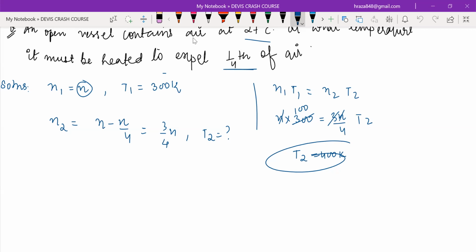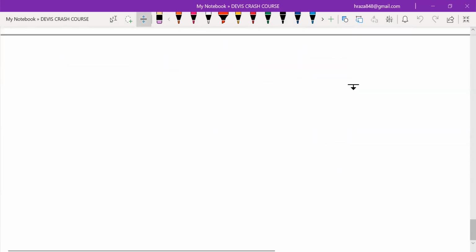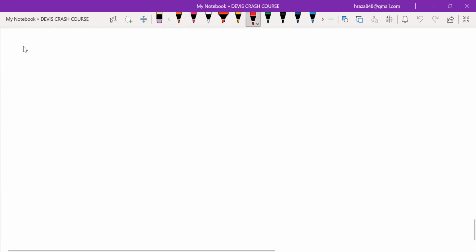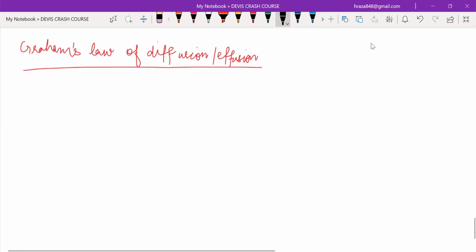Very good. Now see, Graham's law of diffusion or effusion. Diffusion means mixing of gases, and effusion means you make a small hole or pores through which gas can escape.